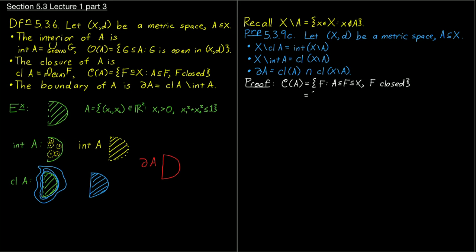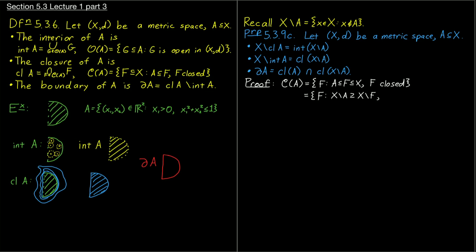But notice that if A is a subset of F, that means the complement of A contains the complement of F. If everything in A is also in F, that means that everything that's not in F has to not be in A. This is De Morgan's laws.